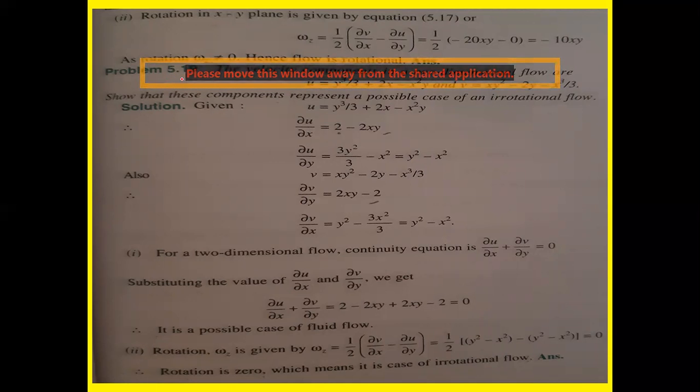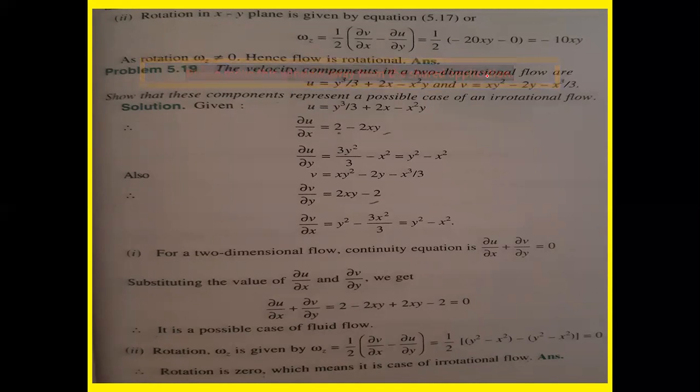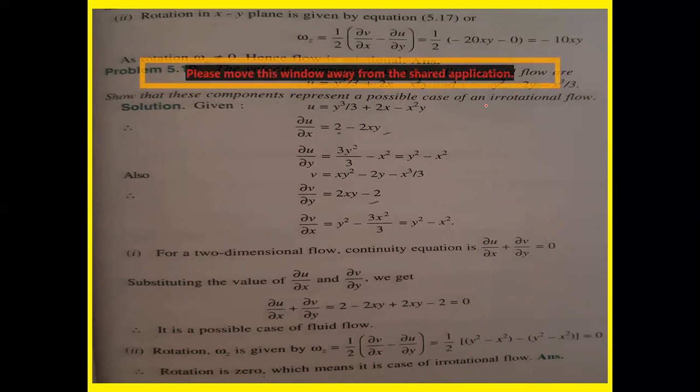Next, the other problem. The velocity components in two-dimensional flow are u is equal to this one and v is equal to this one. Show that these components represent a possible case of irrotational flow.